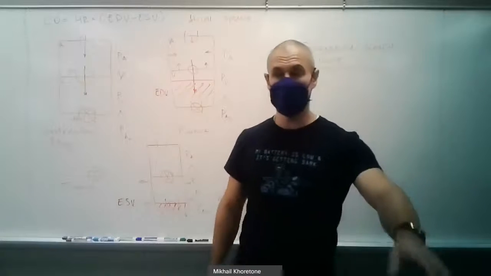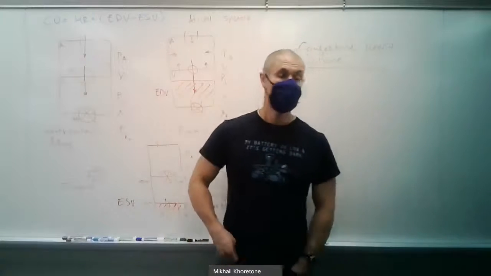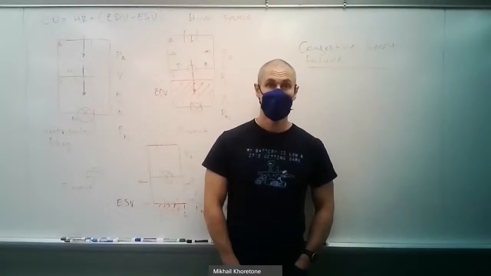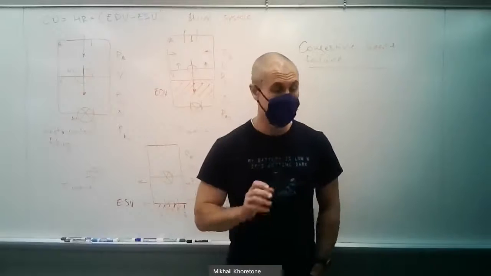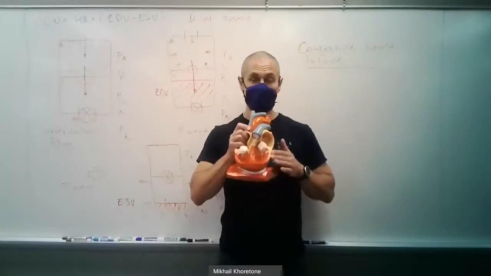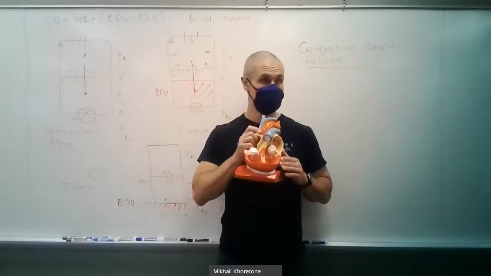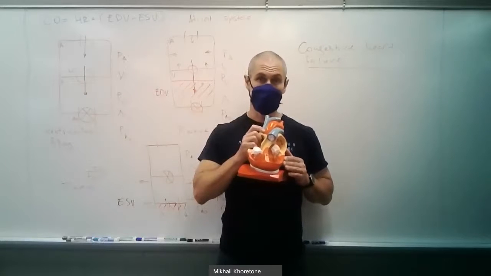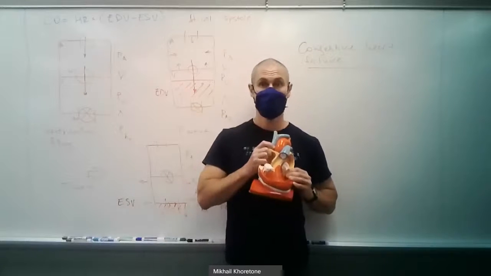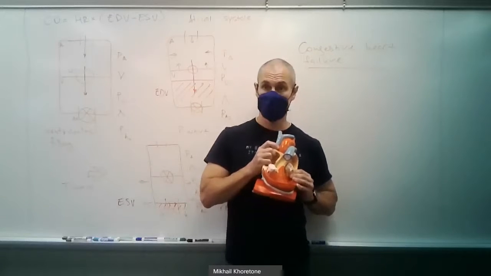Imagine that the owner of this heart suffered multiple myocardial infarctions, and let's say these infarctions affected the left ventricle. So the left ventricle isn't as strong as it used to be.